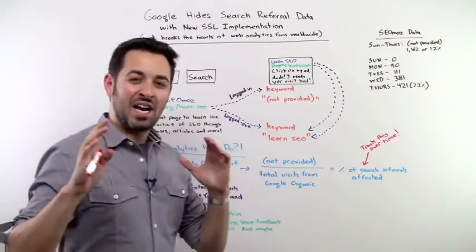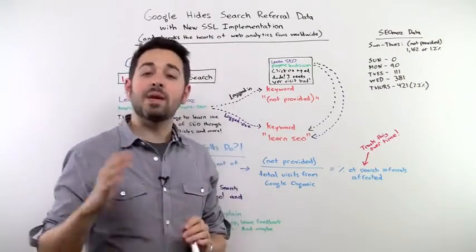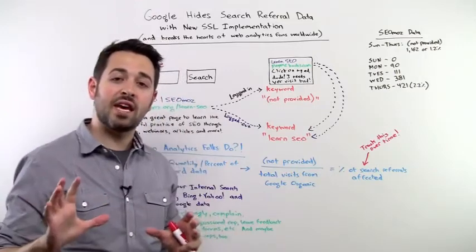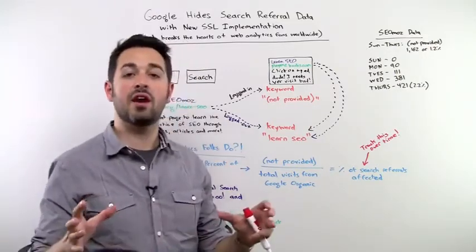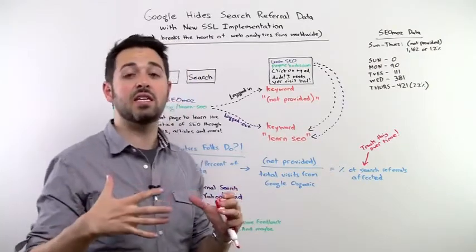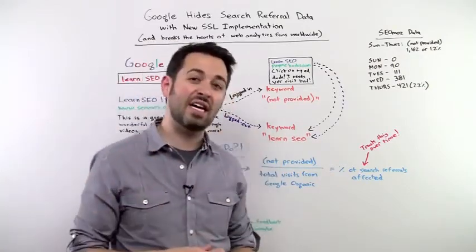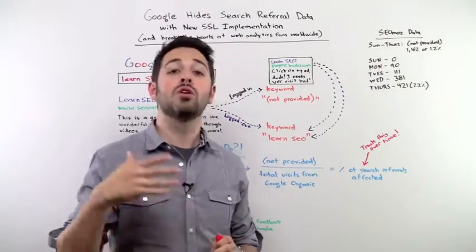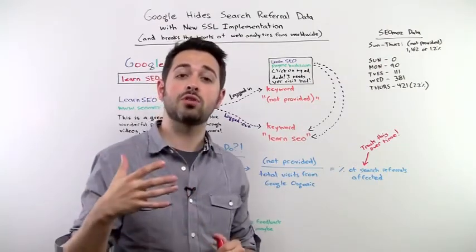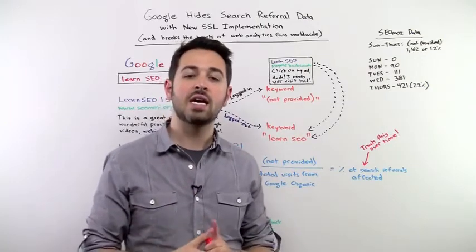Unfortunately, Google has made a big change to the way that they are serving keyword referral data from their search results, and this is going to have an unfortunate impact on all of us who do white hat SEO, who do web analytics, and who try to learn from this practice.